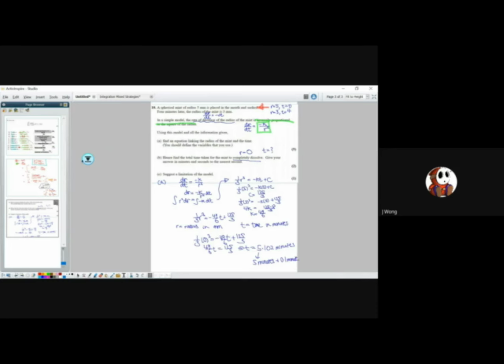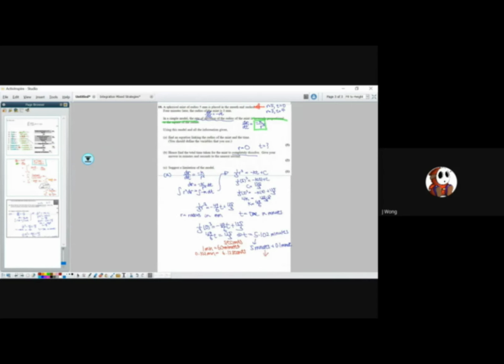And then since in 1 minute there are 60 seconds, you could just use the conversion to find how many seconds are in 0.102 minutes. So you have 6.12 seconds, which is technically 6 seconds. So you could just say that the time that we have is 5 minutes 6 seconds. So that will be the answer for part B.